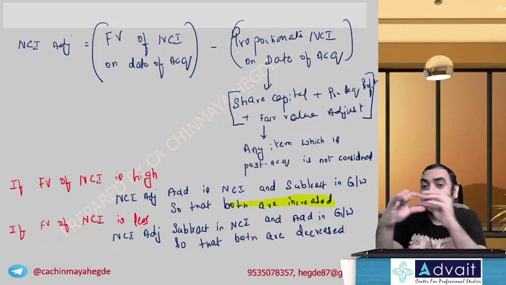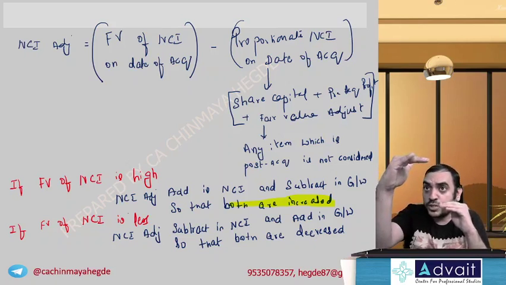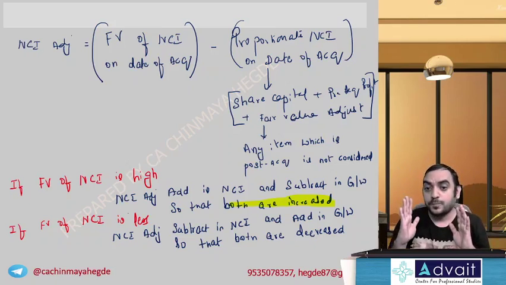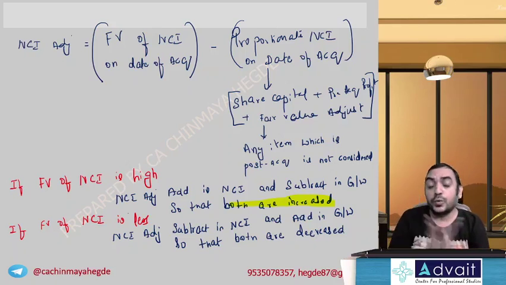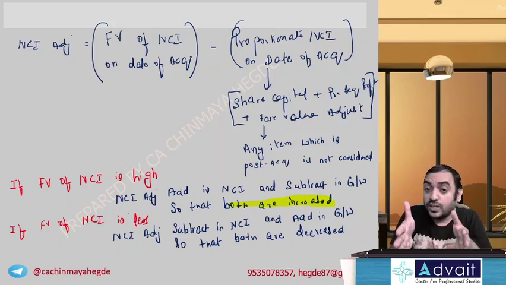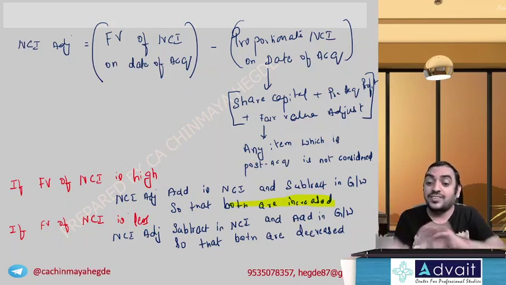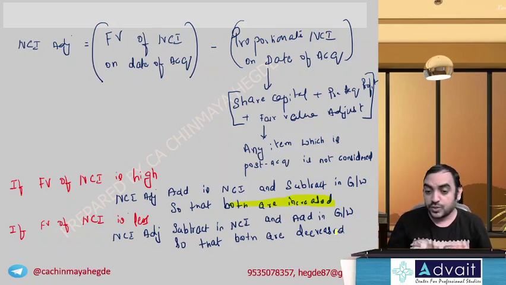So I subtract the NCI adjustment, so my proportionate comes to fair value level, and the minus number becomes a plus number in the goodwill column. Why? Because the goodwill column has negative goodwill, and we want to reduce that. The negative number should be reduced, meaning it should be plus, so that both are decreased. Okay, so this is the conceptual discussion of the overall format.